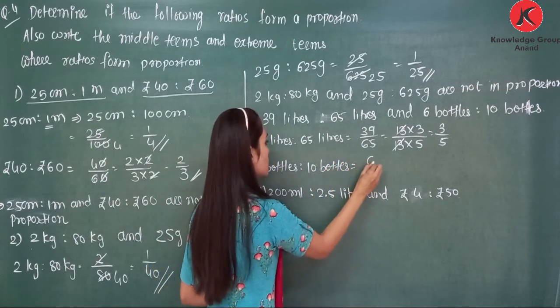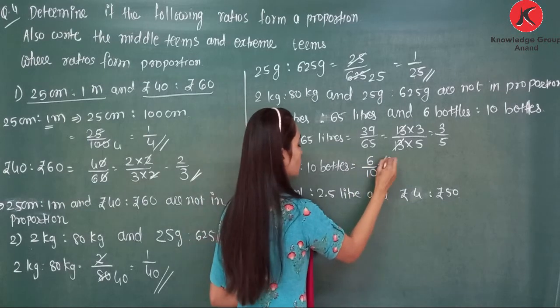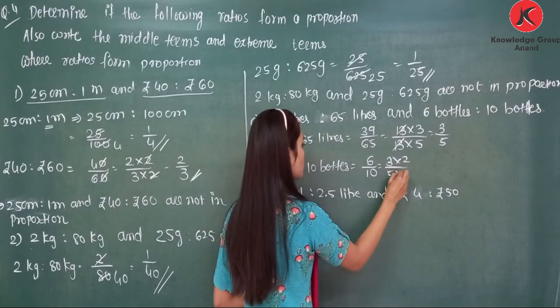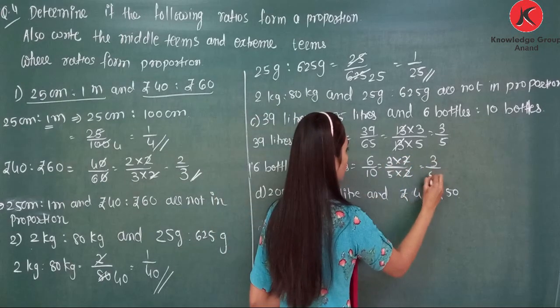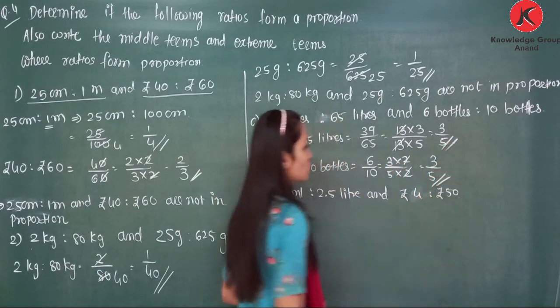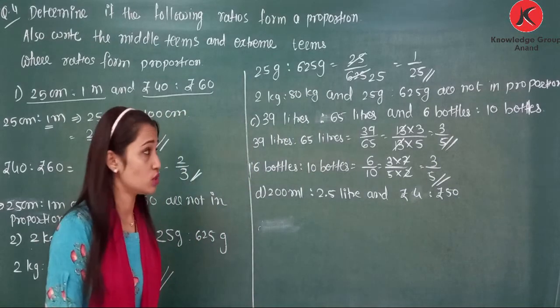So here 6 by 10, 3 twos are 6, 5 twos are 10, 2 is common, so it is 3 by 5. Now you can see the ratios are the same, so they are in proportion.